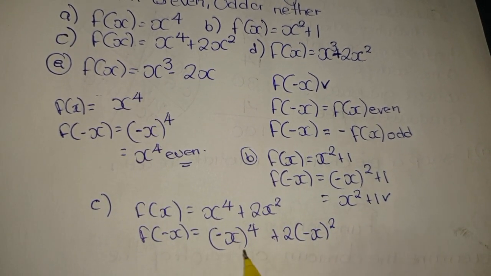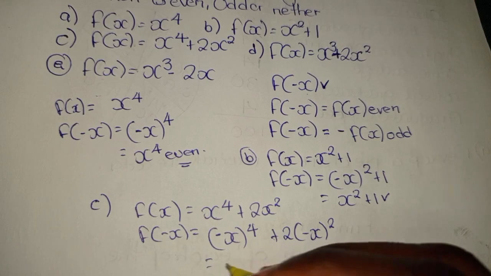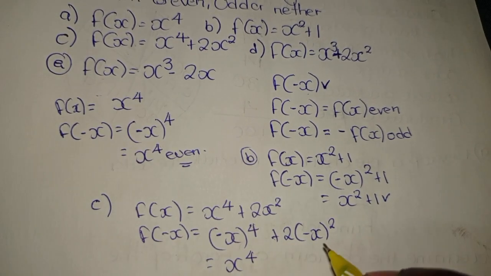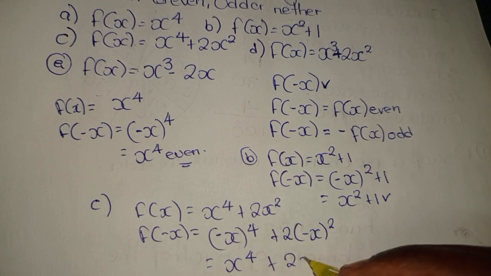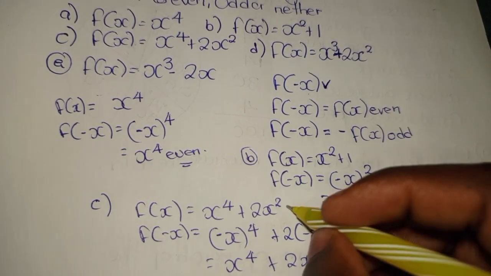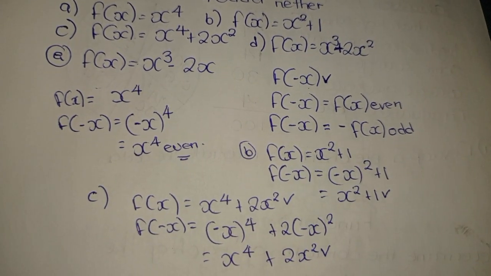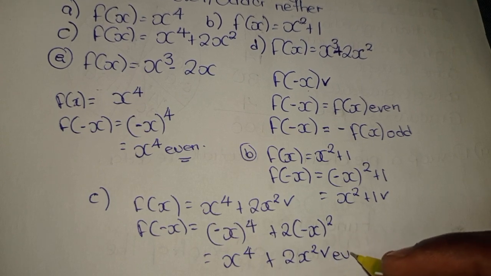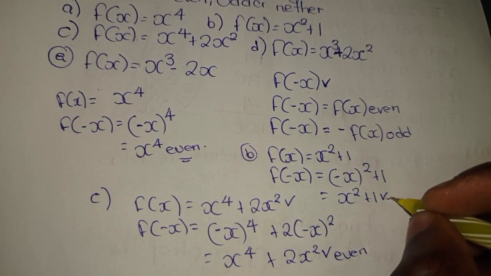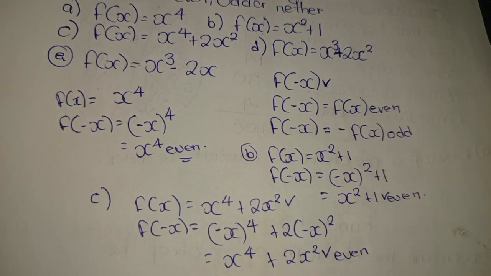You know for sure that negative x to the power 4 is still x to the power 4, and negative x squared is still x squared, so we get 2x squared. So this function resembles the very same function which we have in our original there. So this function is still even, so this one is still even as well.